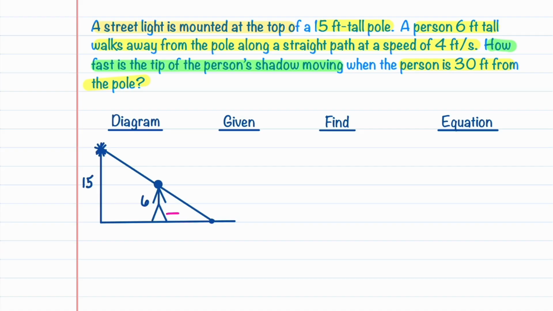So let's just make an arrow like this so we can see the direction that they're walking. And they walk away from the pole at a speed of 4 feet per second. So that means we need to set a distance here equal to x, because dx/dt will be the speed that the person is walking.